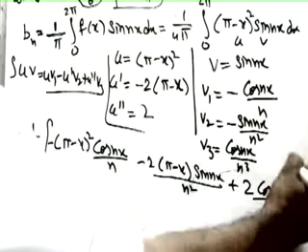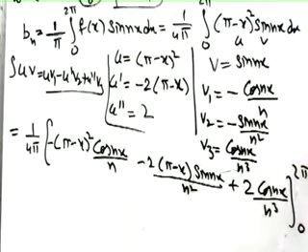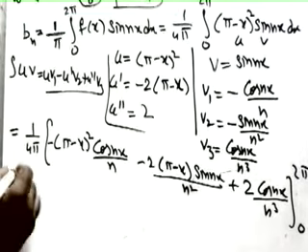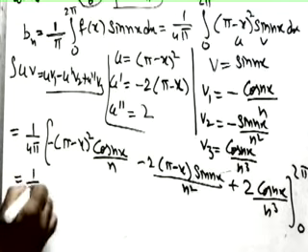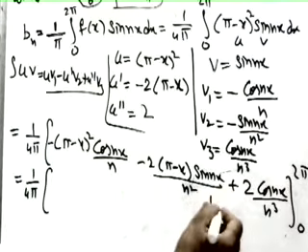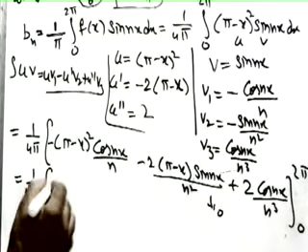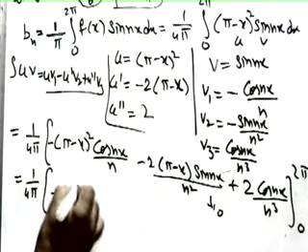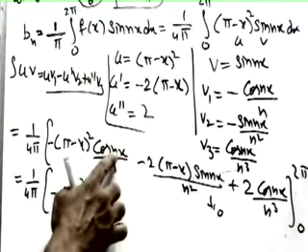So what are the limits here? We have to write from 0 to 2 pi. So what do we use here? Upper limit minus lower limit. So let me start here. 1 by 4 pi. First substitute the upper limit. If we substitute upper limit 2 pi, this will become sine 0. Now minus of pi minus 2 pi will be minus pi whole square.